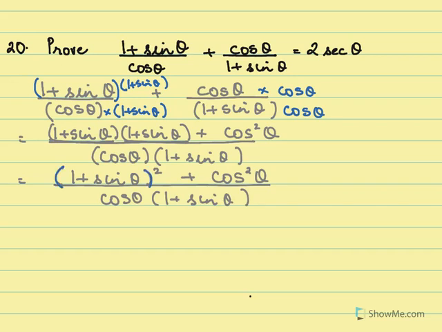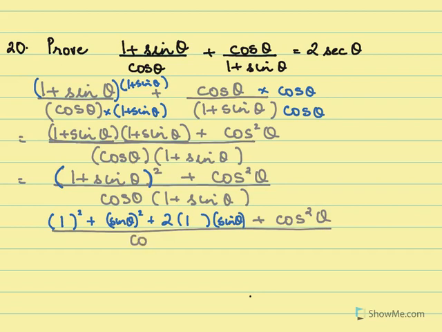Now in this bracket I'm going to use the formula a plus b the whole square, for 1 plus sine theta the whole square. So a plus b the whole square is a square plus b square plus 2ab. That's what I have done in this. I applied the formula a plus b the whole square, and this is my cos square theta. The rest I have copied as it is.